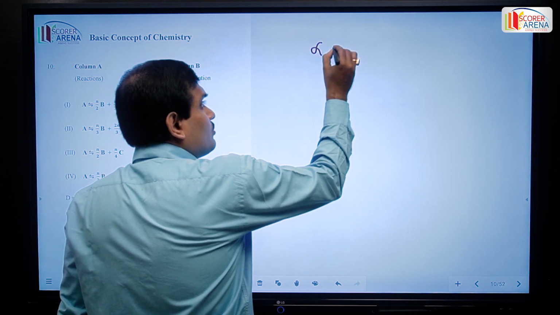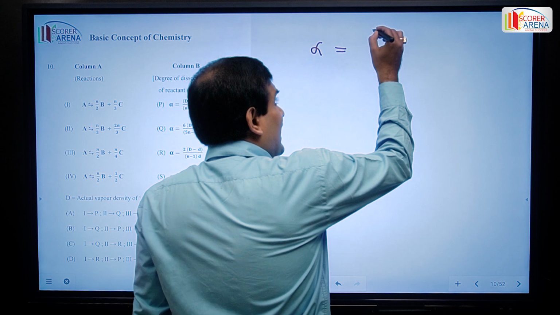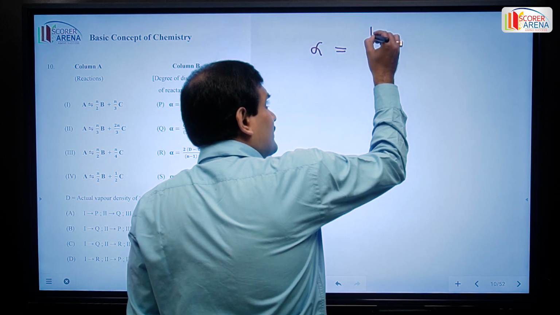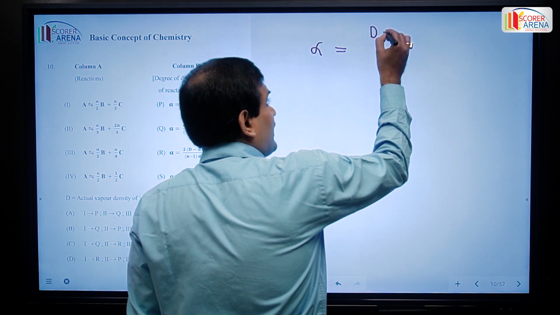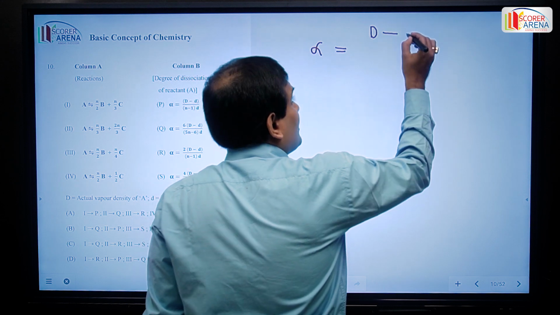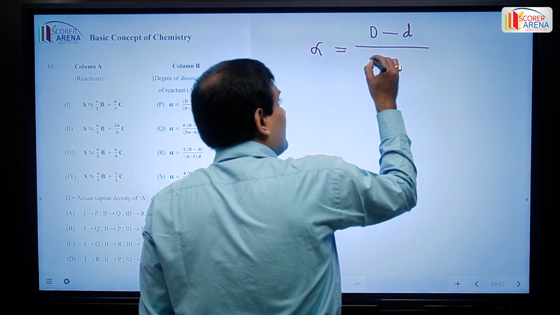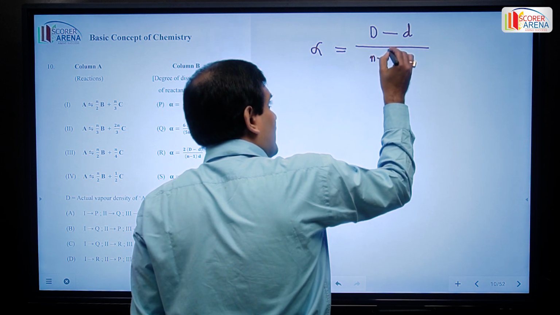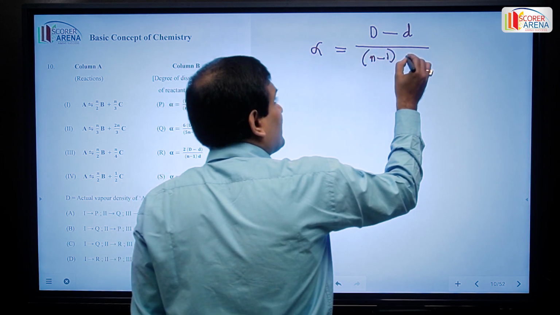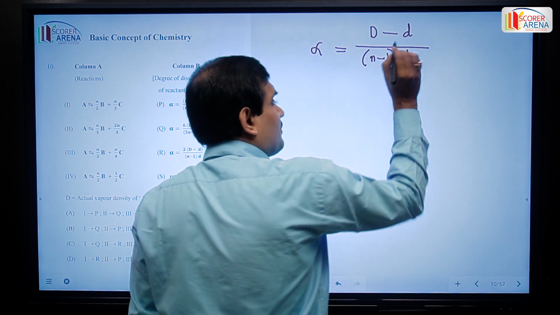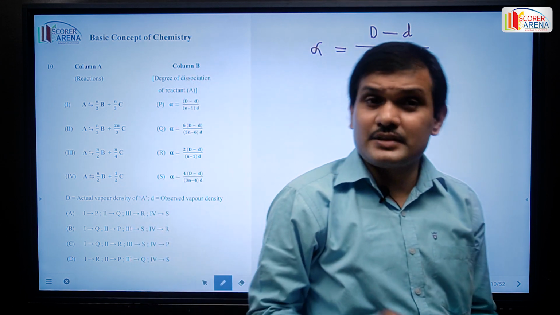Alpha is equal to the theoretical vapor density, capital D, minus the observed vapor density, divided by (n minus 1) into the observed vapor density, small d. It is the actual relation.